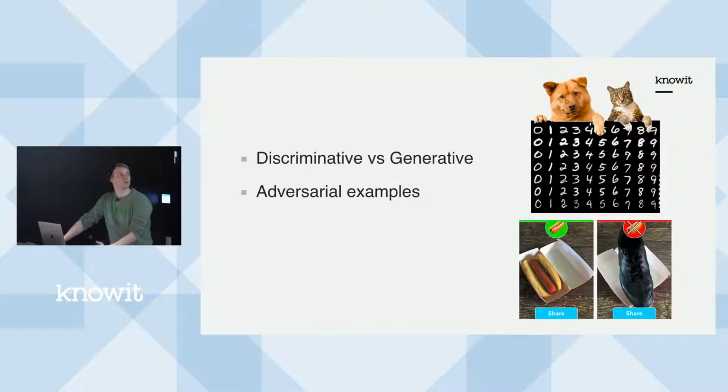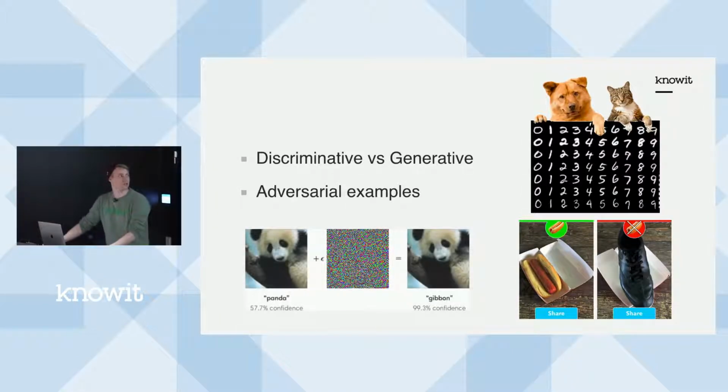Now to know what a generative network is, we should look at the next word, which is adversarial. This comes from adversarial examples, which are features or input images that have been purposely adjusted or modified in order to fool a discriminative network.